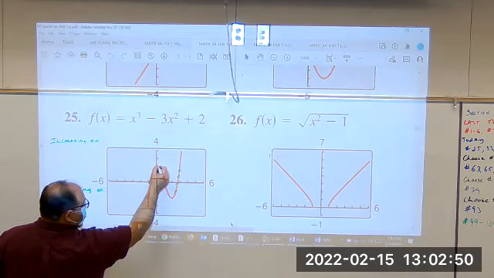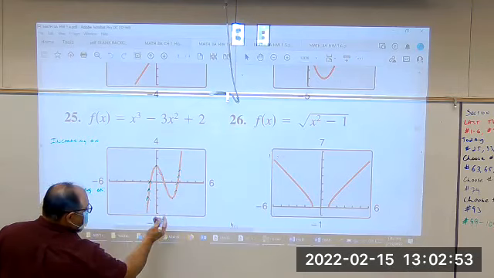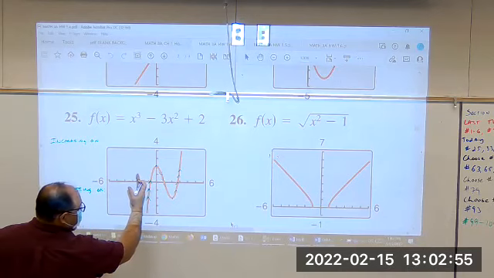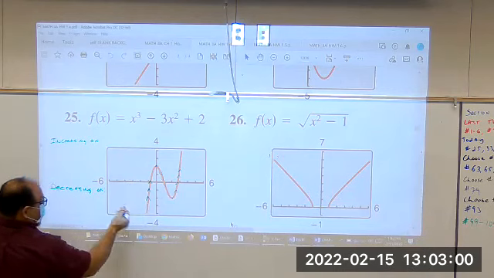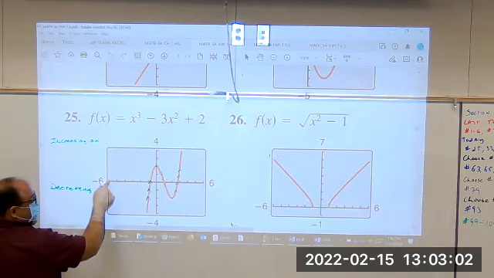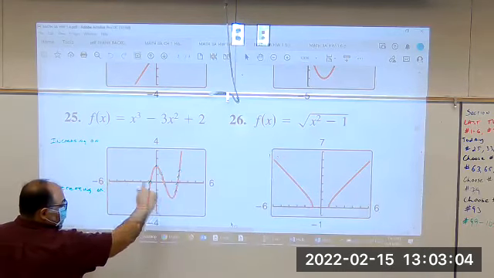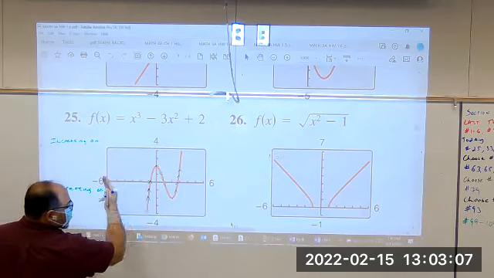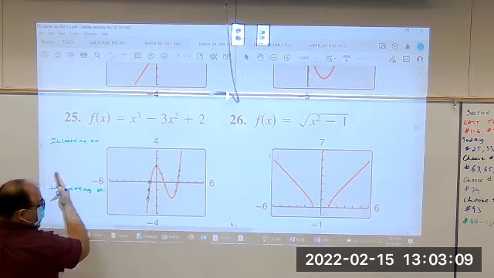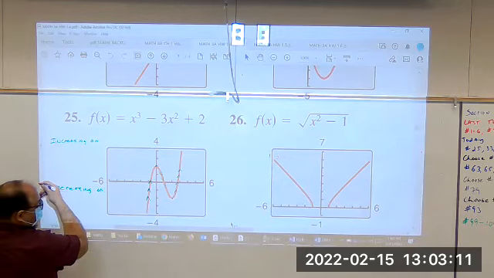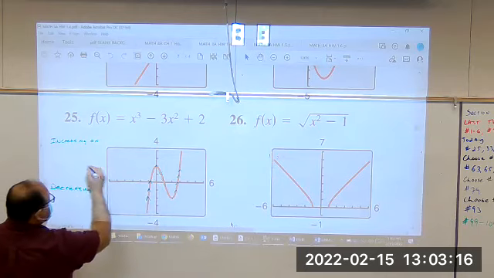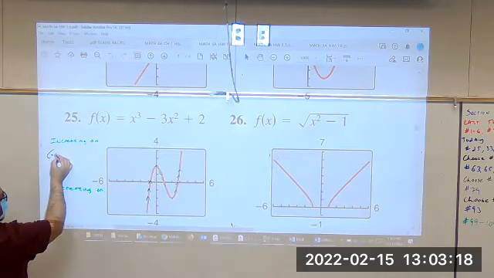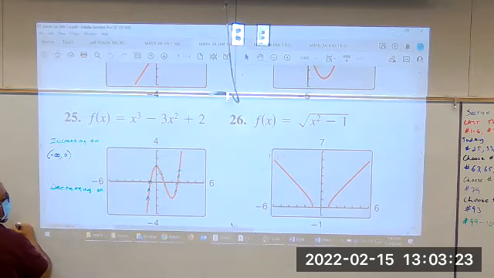And at this point, it starts to go down, down, down. So from negative infinity to what? 0. Remember, the interval that we're trying to describe is the x values. From what x value to what x value? It's increasing from x approaching negative infinity, all the way, and it stops increasing when we get to that 0. So increasing on, parentheses, from negative infinity to 0, parentheses.